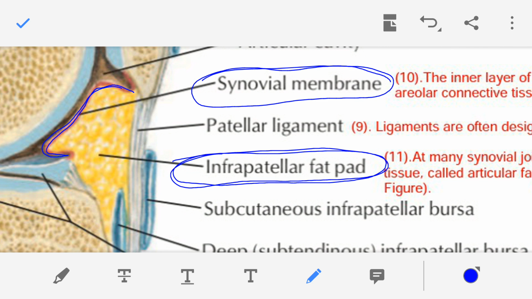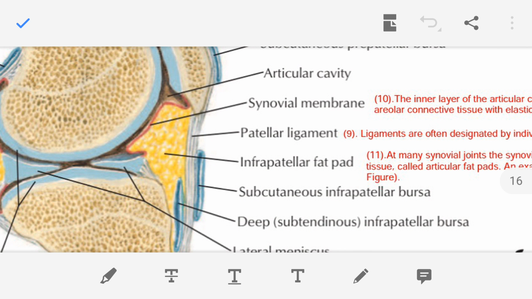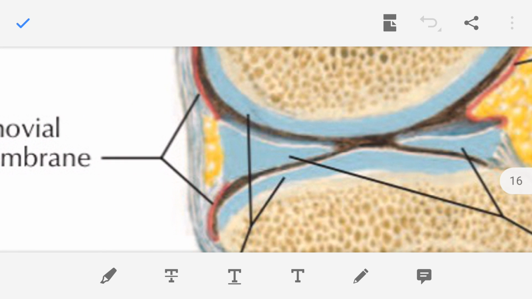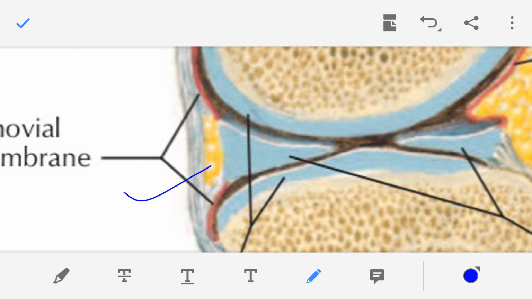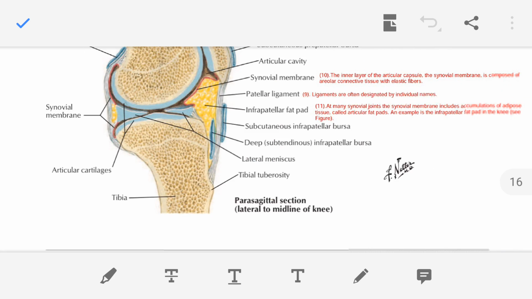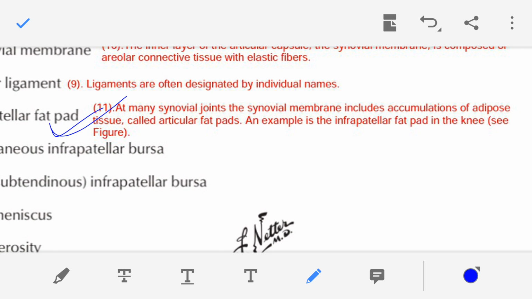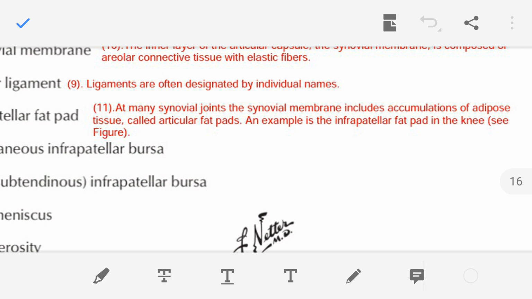So in the synovial membrane, many times adipose tissue is accumulated, and that is known as the fat pad. On this side the fat pad is shown. Over here a little bit of fat pad is present. So the 11th point is regarding the fat pad.